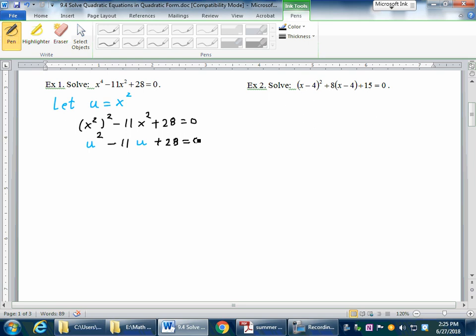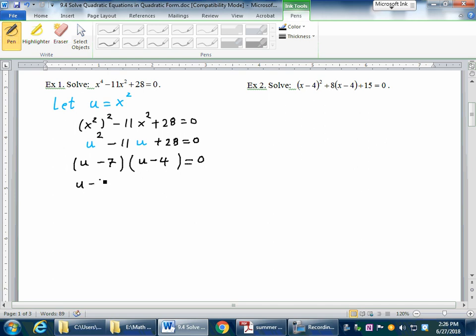So this is the main trick. You substitute so that it looks like the equations that we solved before, and then we know how to solve it nice and neat. When solving a quadratic equation, the very first thing is to check if we can factor, and this is factorable, which is u minus 7 and u minus 4.